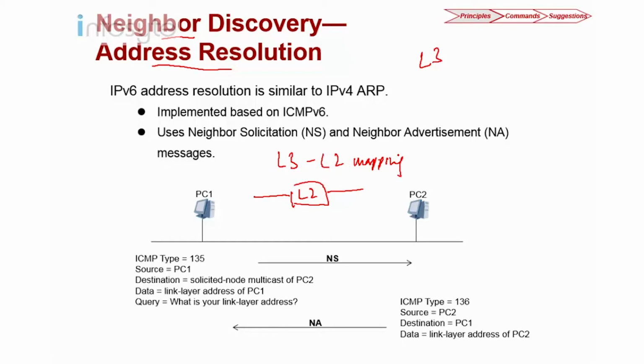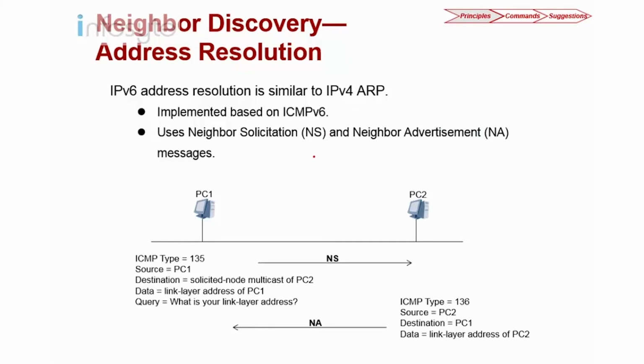In IPv4, we use a protocol called Address Resolution Protocol, and ARP basically uses a broadcast. Now this is where the problem comes. In IPv6, we do not have any broadcast anymore. So how is the address resolution performed for the mapping?